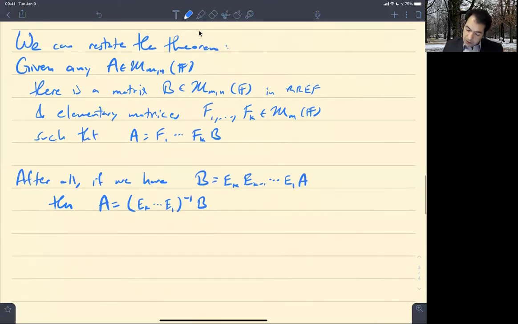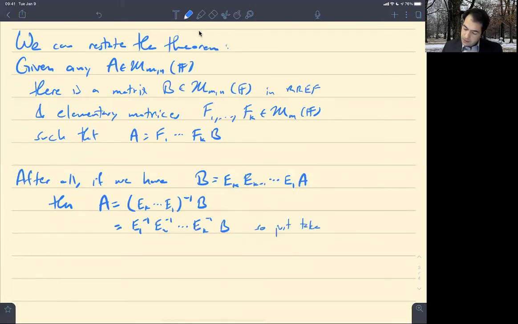So this inverse is equal to E1 inverse, E2 inverse, dot dot dot, Ek inverse times B. And so just take Fi to be Ei inverse. Right? Because it's an elementary matrix, since we know that the inverse of an elementary matrix is an elementary matrix.